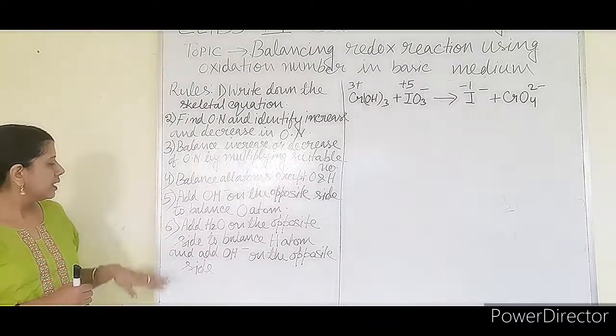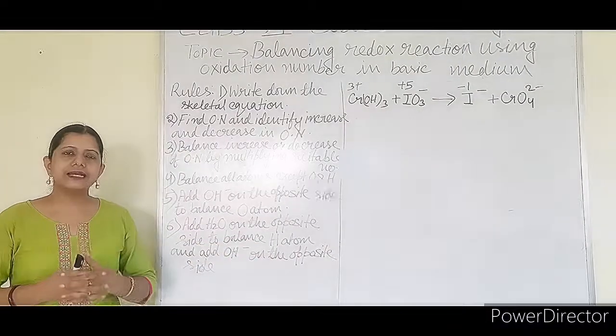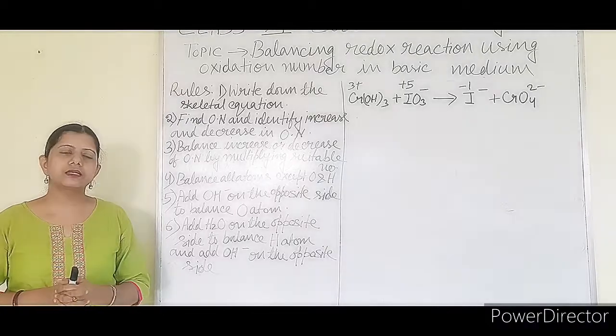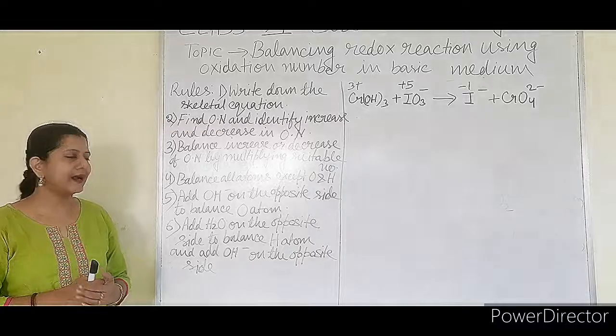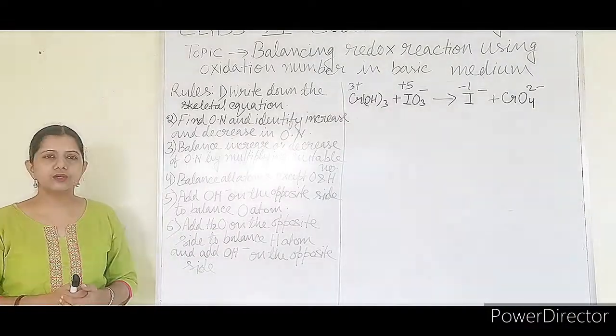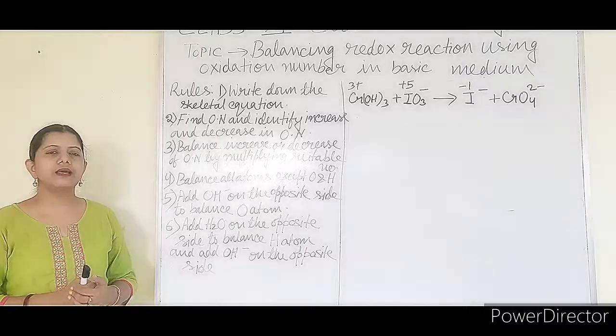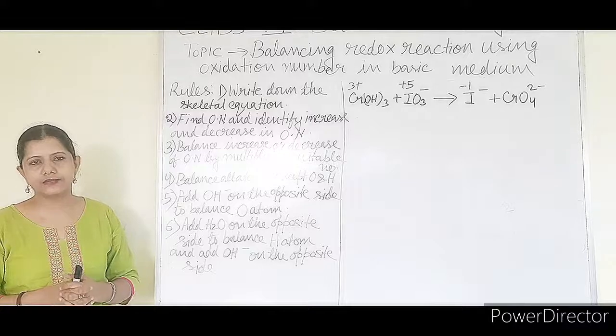Next step is for balancing hydrogen atoms. In one side if hydrogen atoms are more, in another side hydrogen atoms are less. In the deficient side I will add an equal number of water molecules.